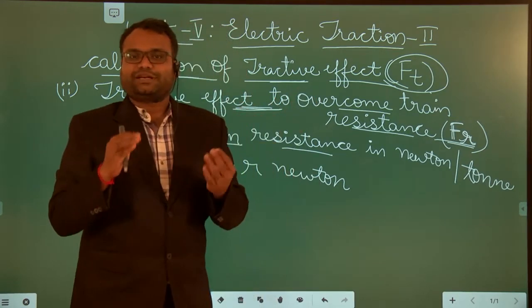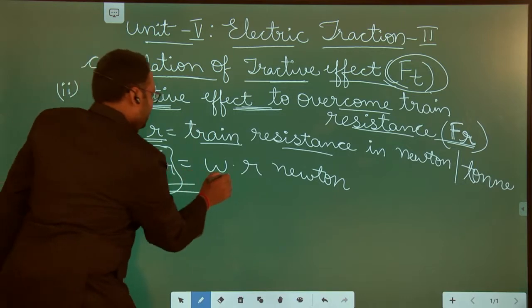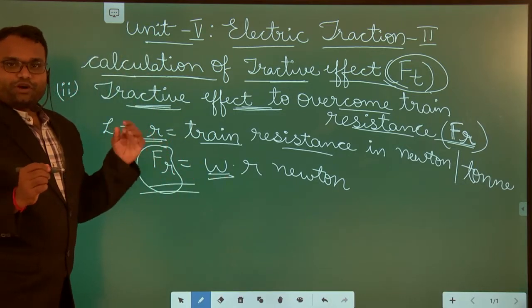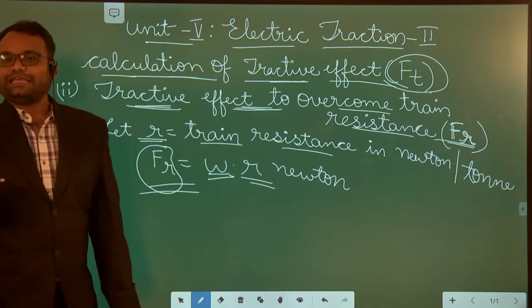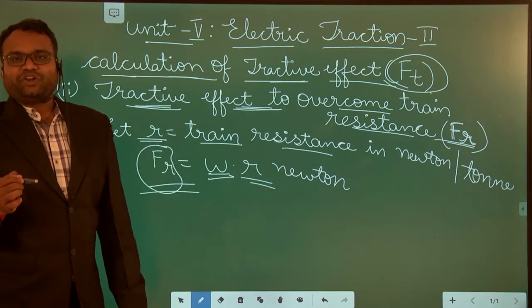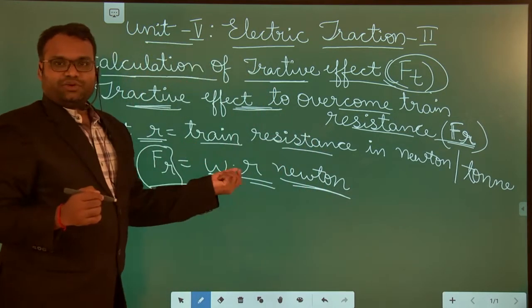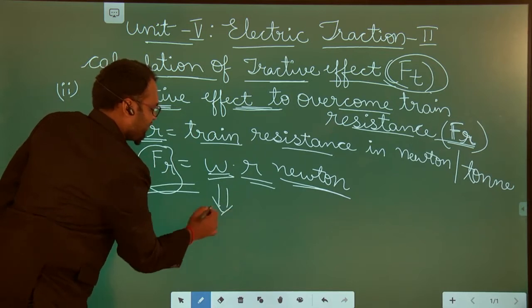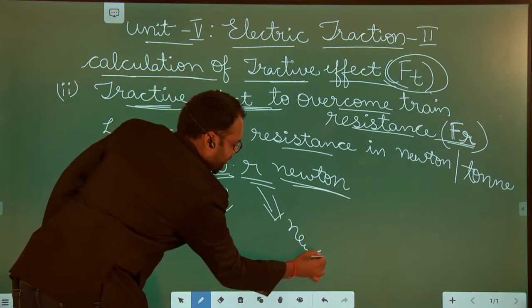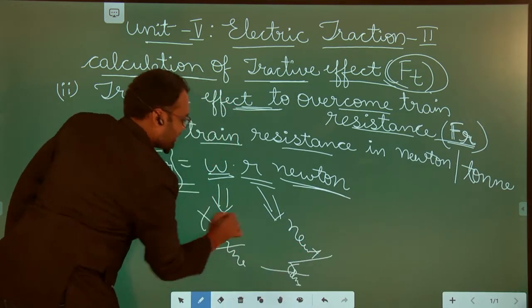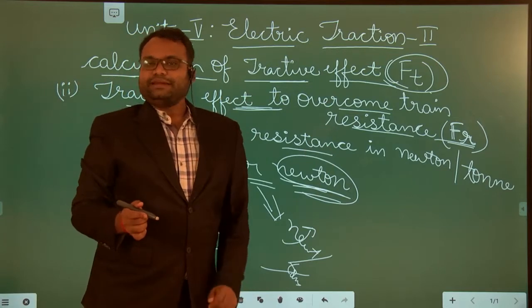So based on that, the tractive effort to overcome the resistance, Fr, is nothing but W, the weight of the train or dead weight, measured in tons, multiplied by R, the train resistance in Newton per ton. The tons cancel and the resultant unit is Newton for Fr, the tractive effort to overcome the train resistance.